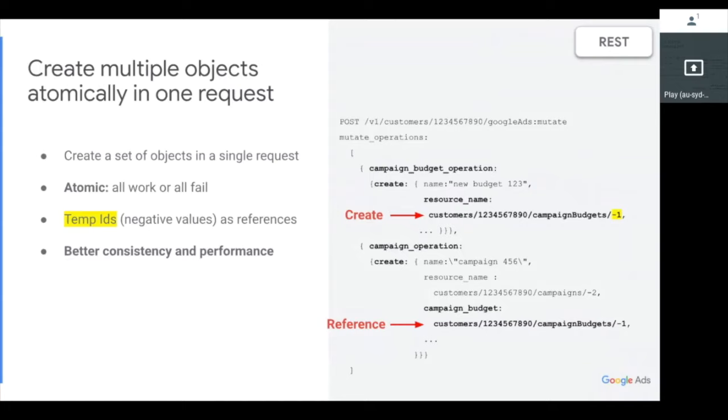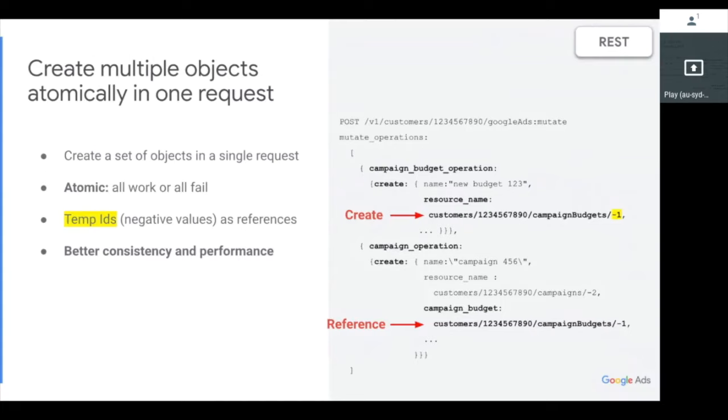In that case, you might have already created some campaign budgets, right? And that will put you in a situation in which you have many dangling campaign budgets not in use at all. So to avoid that situation, you can use this atomicity concept in order to create all campaign budgets and all campaigns together, or not create them at all.